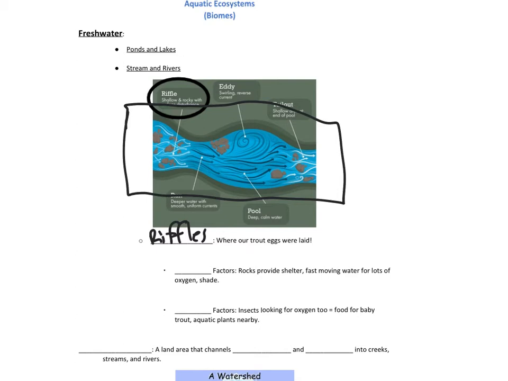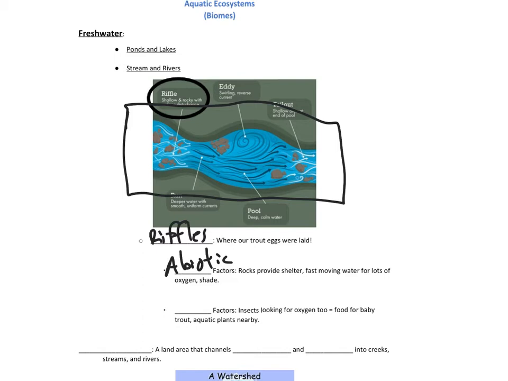In these stream and river aquatic ecosystems, we have abiotic factors. Remember that these are non-living things that exist in ecosystems. So we have things like rocks that provide shelter, fast-moving water for lots of oxygen, and often a lot of shade.